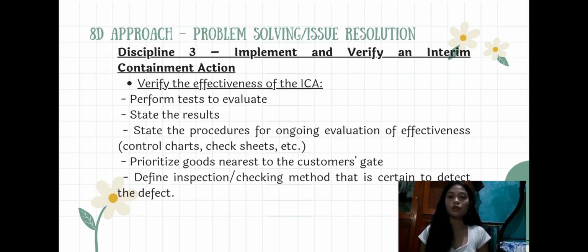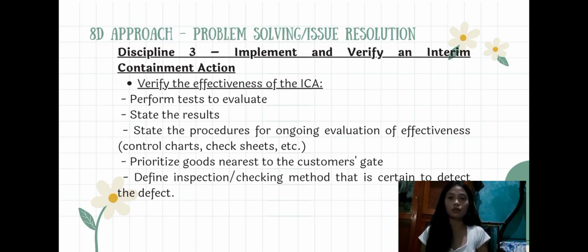State the procedures for ongoing evaluation of effectiveness, like control charts, check sheets, etc. Establish monitoring tools such as control charts, check sheets, inspection logs, layered process audits, review results daily or per product batch.